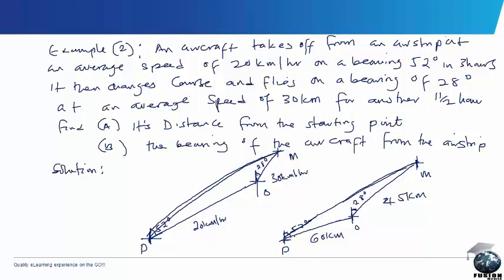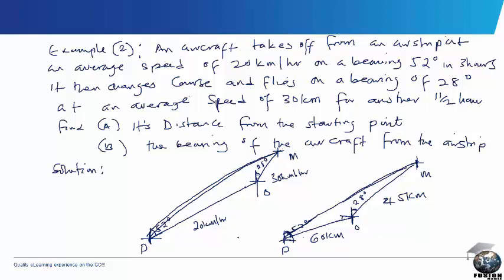Okay, so we should know that at this point it had flown for 52 degrees. The whole of this point is 52 degrees, and the rest of the point remaining here will give us the alternate of this point we have here.